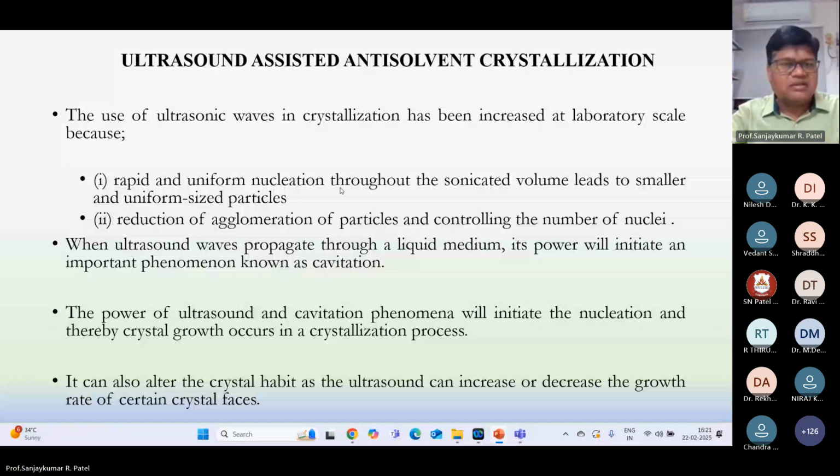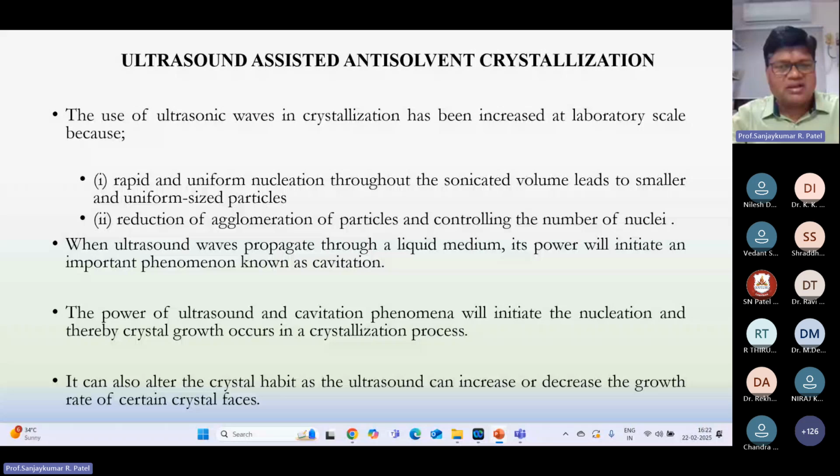And when ultrasound passes through the liquid, it creates a cavitation phenomenon. Then the mixing of solvent and anti-solvent occurs very rapidly, and there we are able to get a uniform nuclei concentration in the solution.